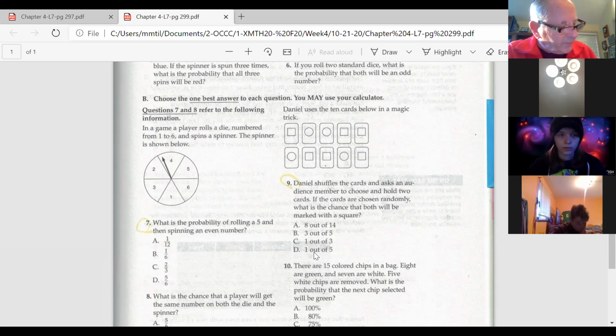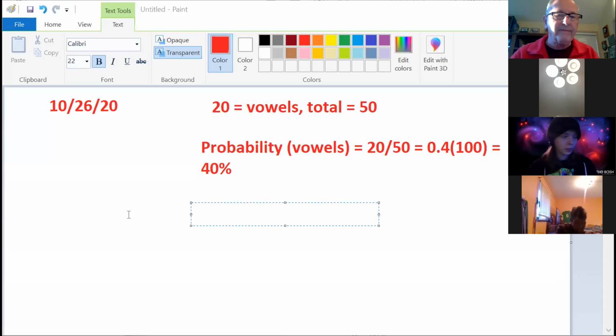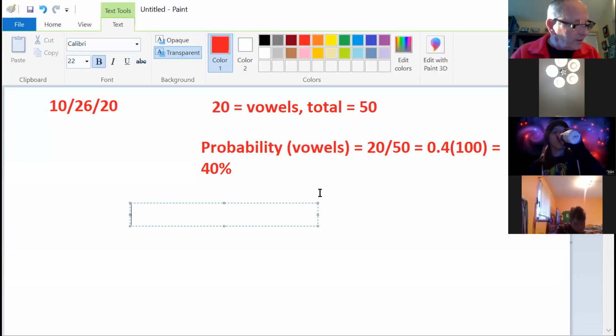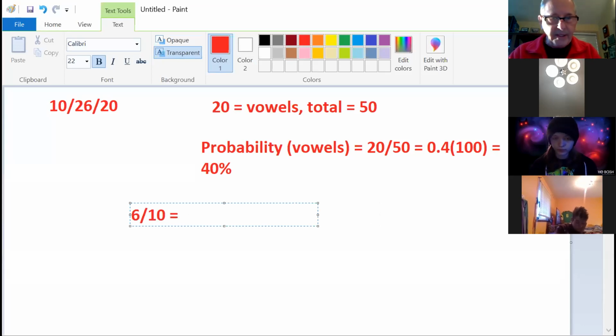Well, they get the 3 at the beginning because that's the same thing as 6/10. Okay. I'll show you on the board. So it's like this. The first one is 6 out of 10, right? And that's equal to 3/5, right?